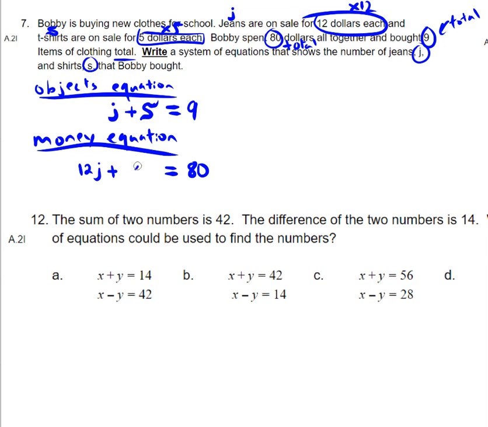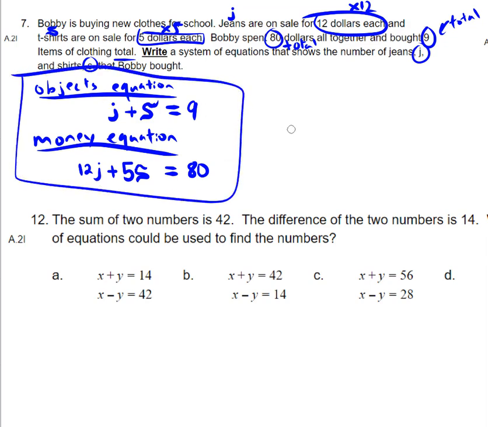So I'm going to have the S times 5, so 5S. So if I take 12J plus 5S, it should equal 80, right? Because it's $5 for every t-shirt and $12 for every pair of jeans. So this should be the total that equals the 80 here. And that right there is my system of equations.